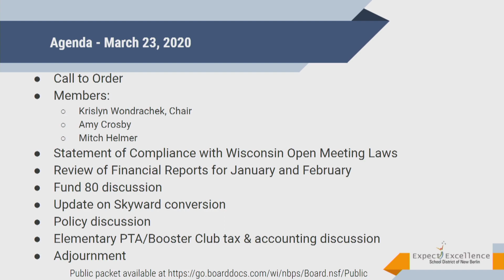At this point in time, because of changes in legislation, we have to be very careful about the items that we charge to Fund 80, which is the community service fund.